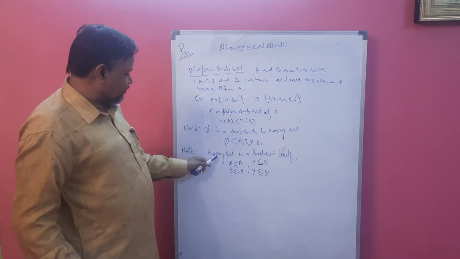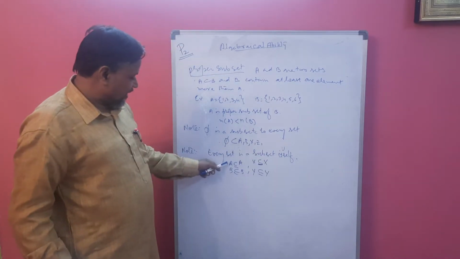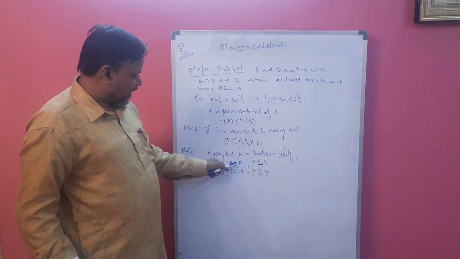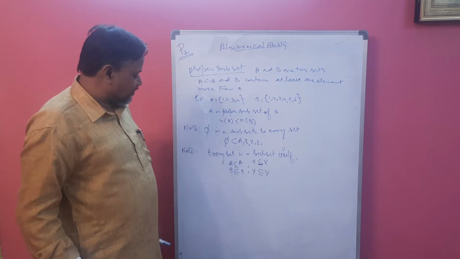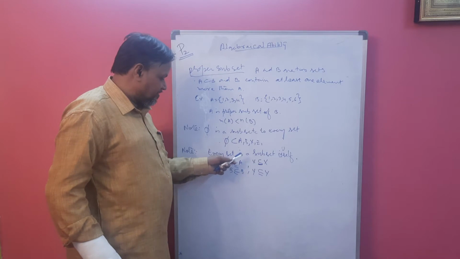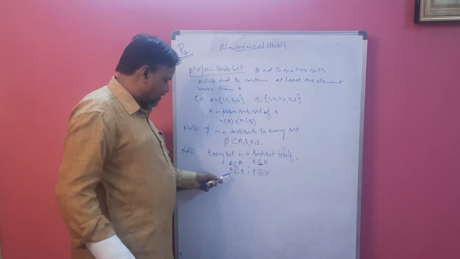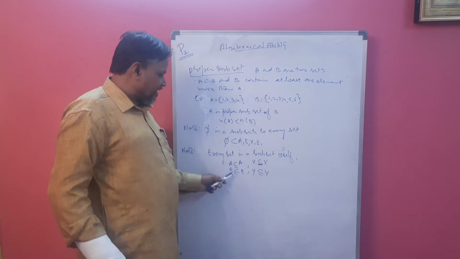And second note, every set is a subset of itself. Here we write A is a subset of A. We have to write the subset sign with equality. Why? Because A equal to A is a special subset property where n of A equals n of A, n of B equals n of B. Equality is there.